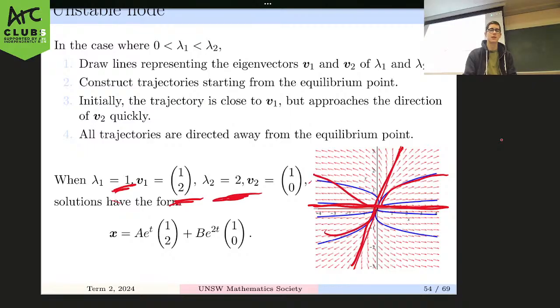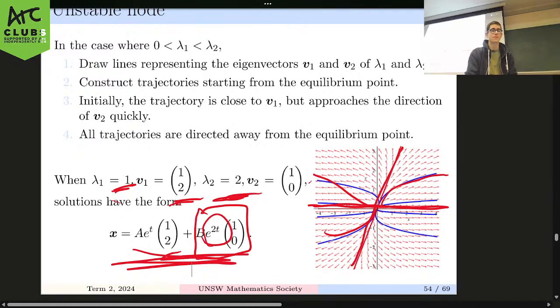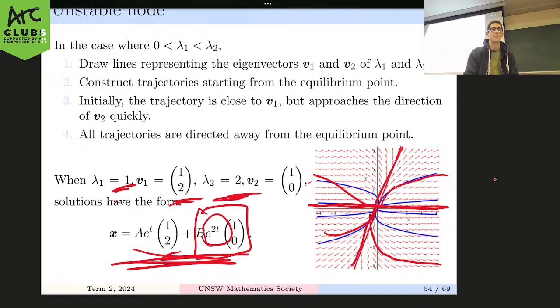The reason is that this e to the 2t, which comes from the solution in this case, dominates as t approaches infinity, similar to what we talked about before. So this is the one that affects the solutions more, so it approaches that direction no matter where it starts. For instance, if we were to start here, it approaches like that. So it approaches that dominating eigendirection as t approaches infinity. Yeah, so it may start close to V1, but approaches V2 closely.